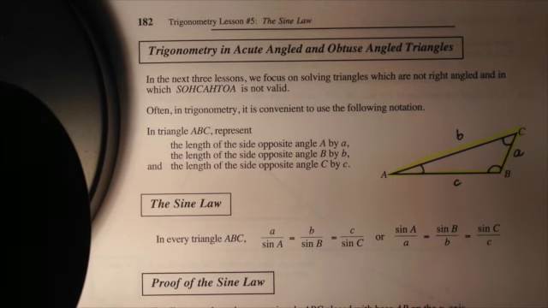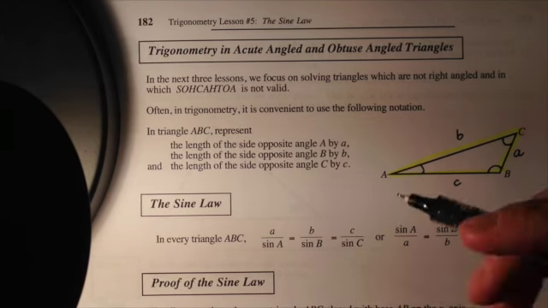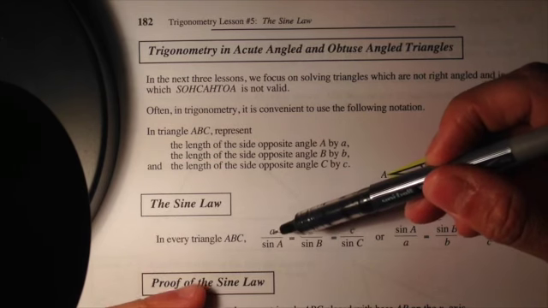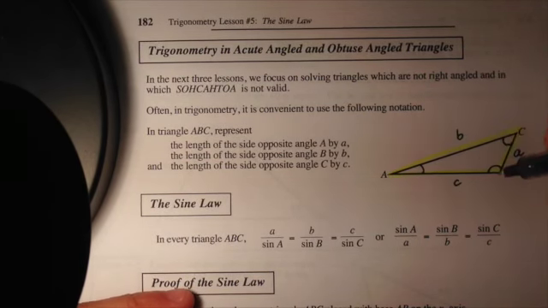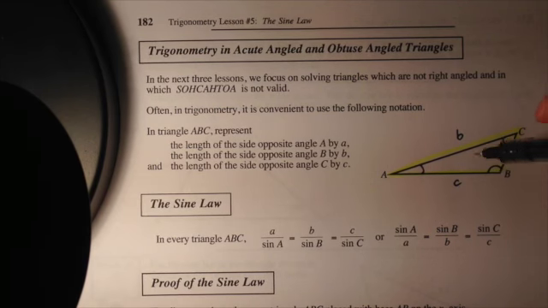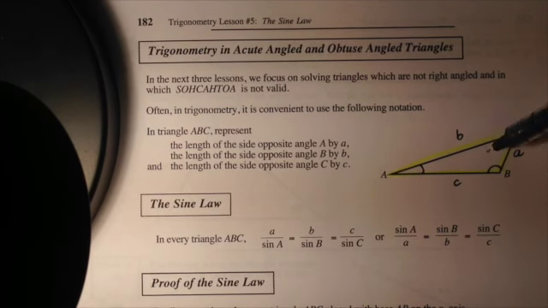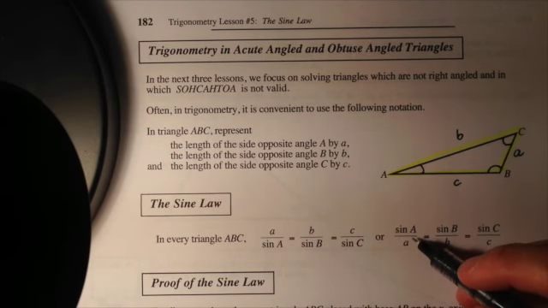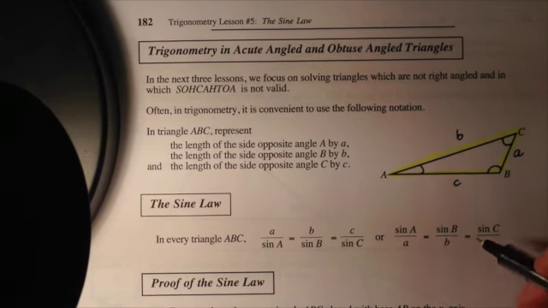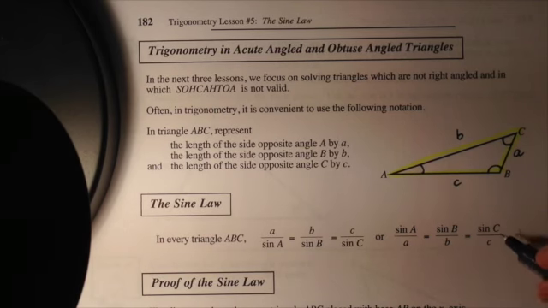And so in any triangle ABC, it'll follow this ratio. a over sine A is going to be equal to b over sine B, which is equal to c over sine C. And we can reverse those ratios so that sine A over a is equal to sine B over b, which is also equal to sine C over c.